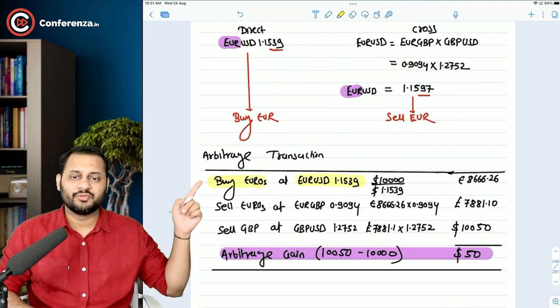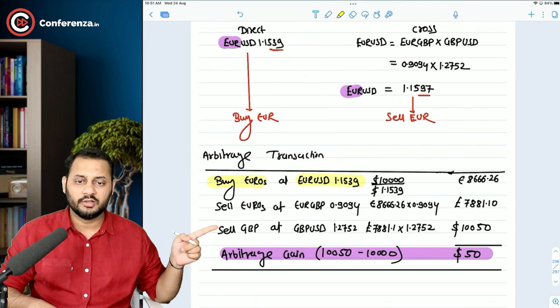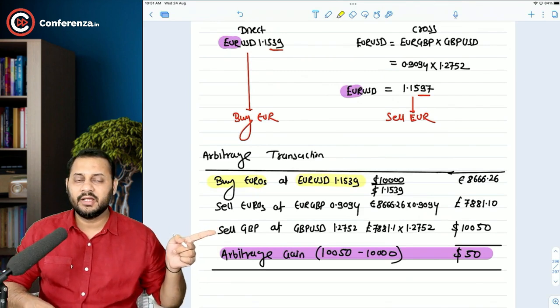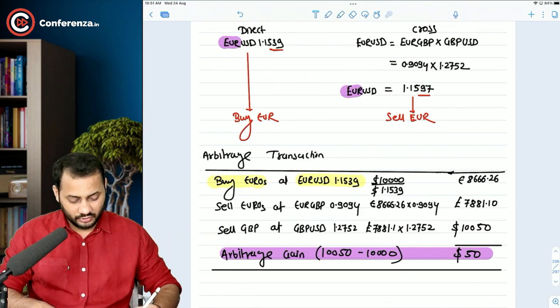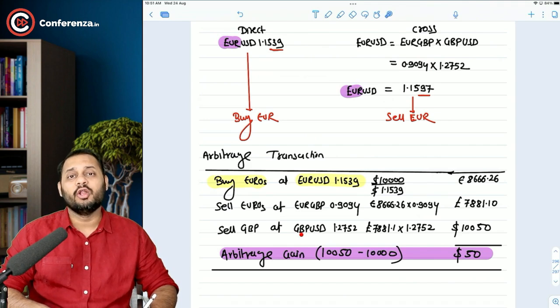What if you would have sold the dollar, or we can say bought the GBP at this rate? Because you had dollars with you, right? You could have sold the dollar in this market and bought GBP. That would have led to a loss to you, not a gain.